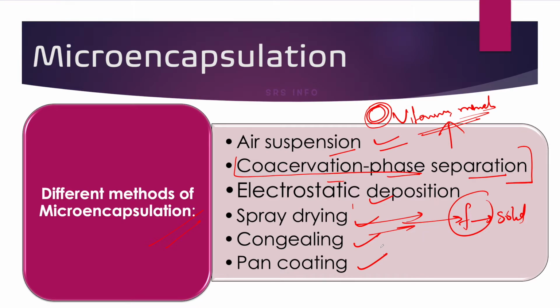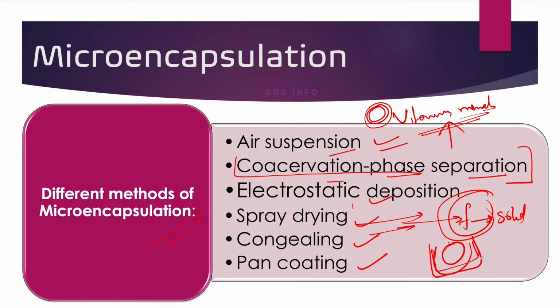Clear? Then congealing. What is happening in congealing? In air suspension and spray drying, the coating is given by spraying. But in congealing, the core material is dispersed in the melted coating material. Clear?